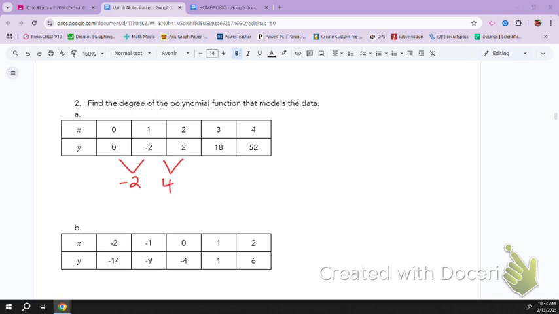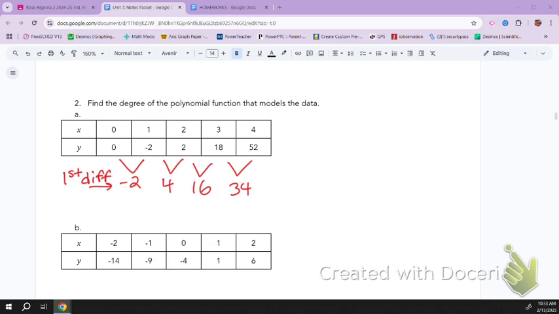Good. Okay. Next, from 2 to 18, what happened? Brayden? Great. Then from 18 to 52, what happened? Plus 34. Is there a pattern? No, but that's our first difference. Label it.